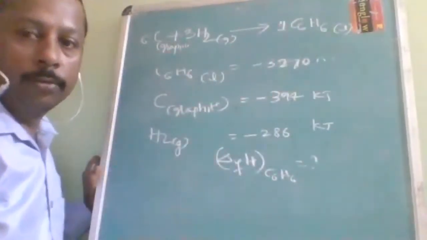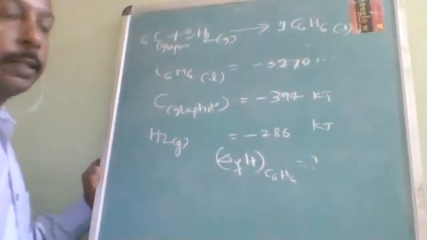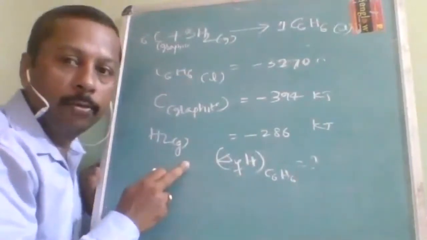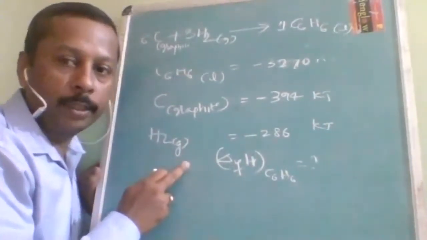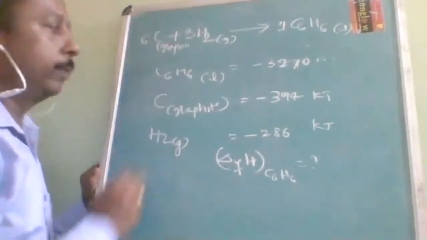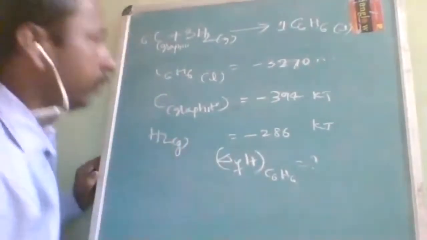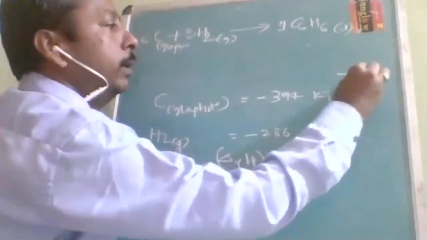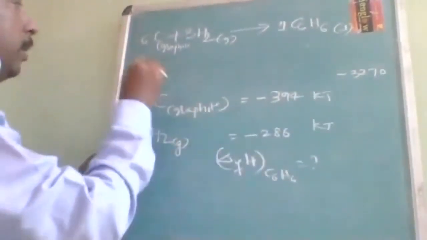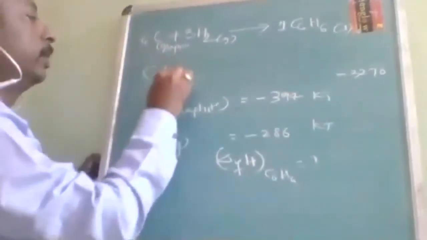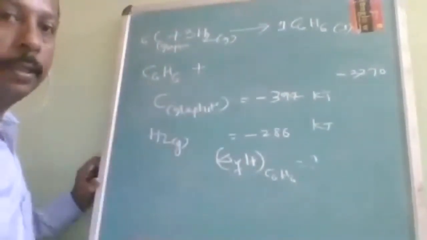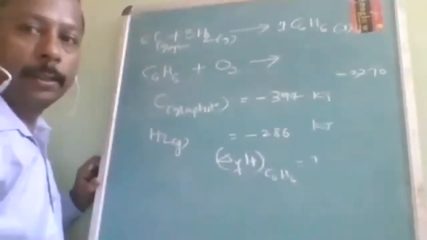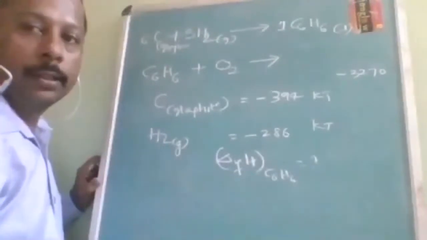So carefully understand how we are forming that. Here it is given in sentence form, and we need to convert it into equation form. Now, enthalpy of combustion is minus 3270 for C6H6. When combustion is given, you should write it on the left side and balance it by reacting with oxygen.